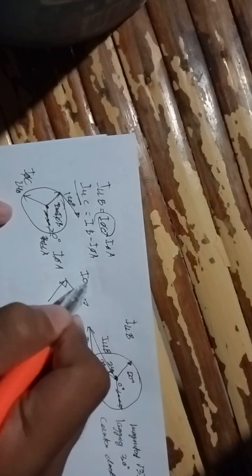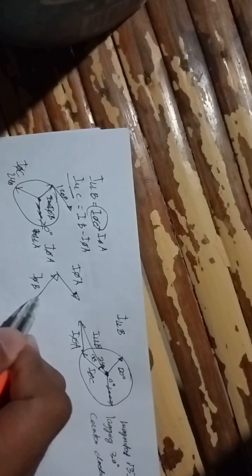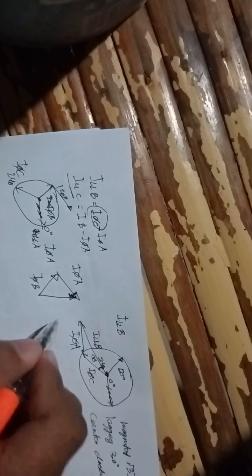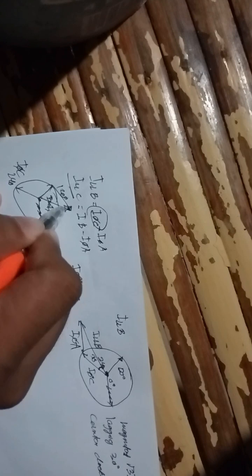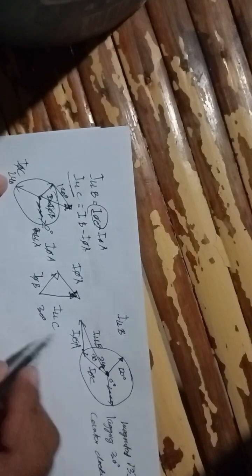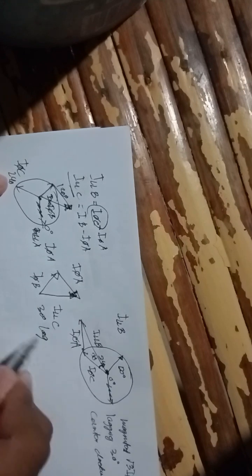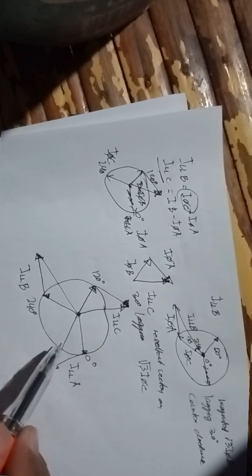This will be our phase A, then phase B. Then this will become our ILLC, or the line to line current C. Then it has also a 30 degree lagging, and a resultant vector of square root of 3 times phase current C. So we have drawn our diagram.